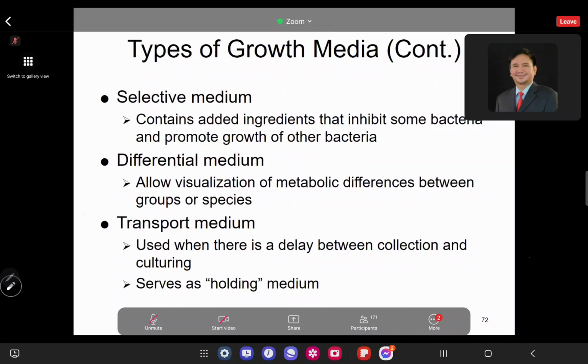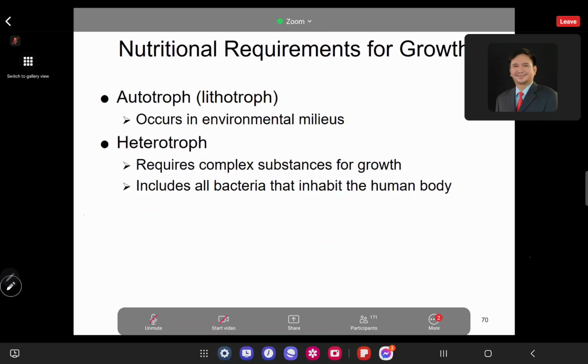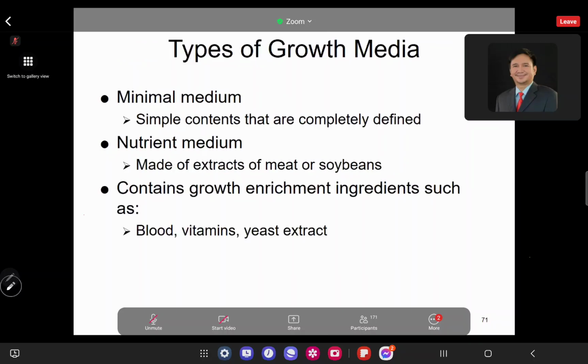While your heterotrophs depend on complex organic substances for growth. They include bacteria that inhabit the human body, contributing to normal flora or pathogenesis.